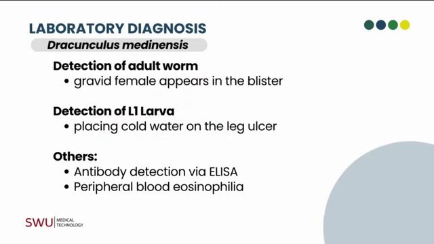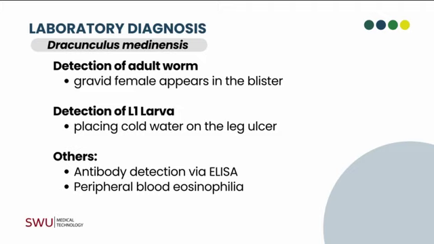For the laboratory diagnosis, the detection of adult worms is done when the gravid female appears on the surface of the skin when the blisters are ruptured or burst. For the detection of L1 larvae, we can place the leg ulcer in cold water so that the L1 larvae will be discharged and we can already see them and demonstrate them in the specimen.